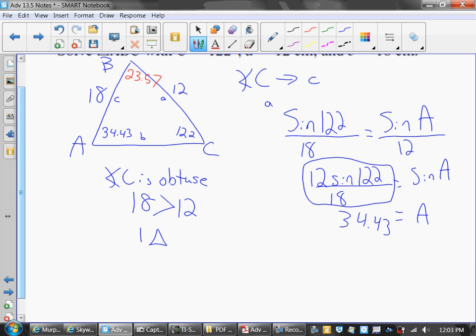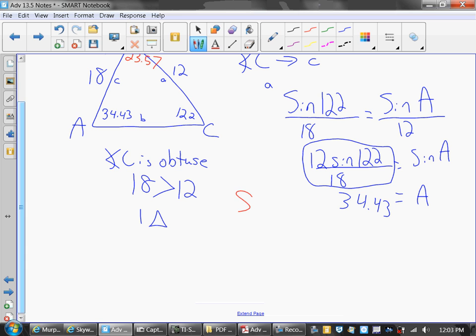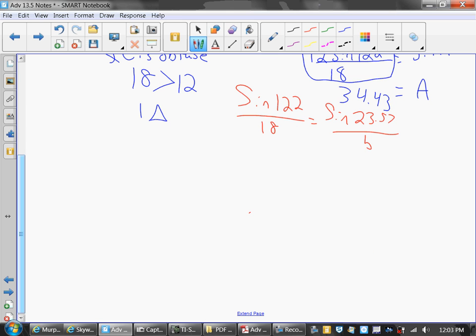Now, how do you think you're going to have to solve for side B? Law of sines. Yep, sine of 122 is to 18 as the sine of 23.57 is to side B. Do you want me to continue doing that problem, or are you okay cross multiplying and solving now?